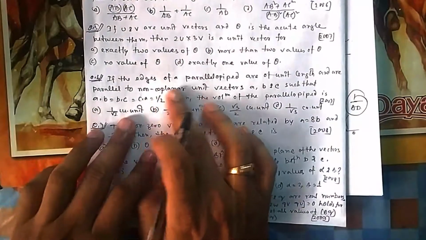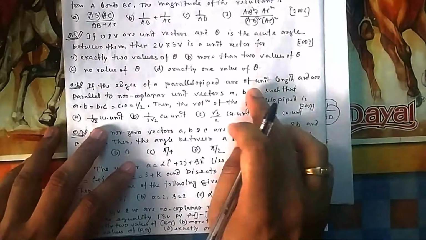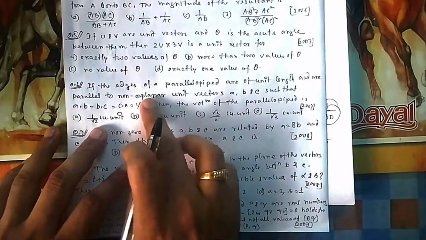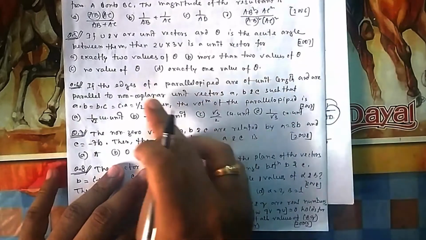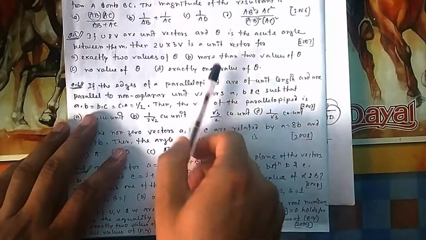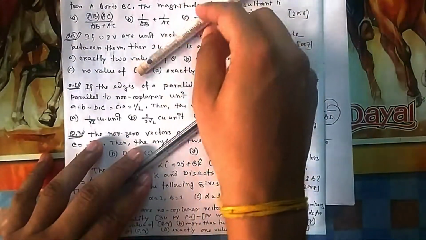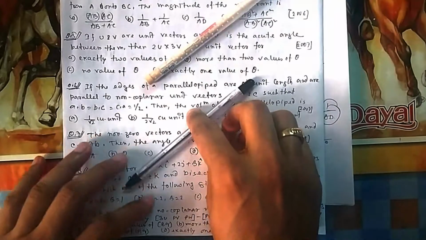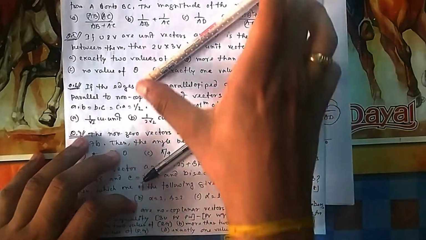Now if you come to question number 6, the edges of the parallelopiped are of unit length and are parallel to non-coplanar unit vectors A, B, C such that this holds. Now I told you vectors you can shift. So if they are saying this edge is parallel to this, you shift this one here, and the magnitude is also the same, because this is also a unit vector, this is also a unit vector.